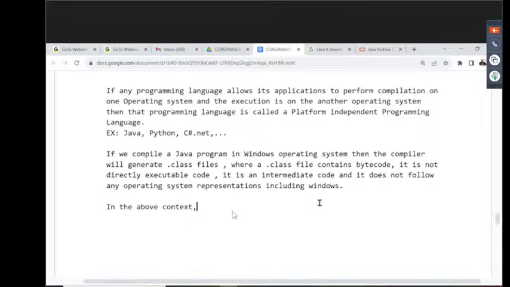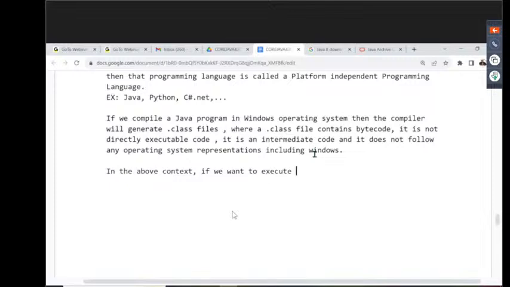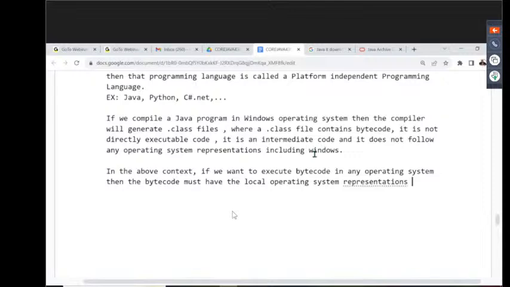In the above context, if you want to execute a .class file, if you want to execute bytecode in any operating system, then the bytecode must have the local operating system representations. Answer my point clearly.